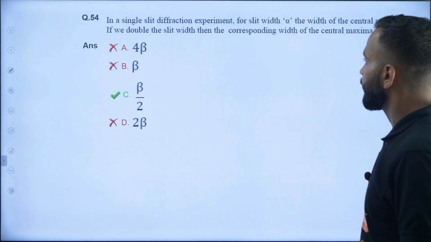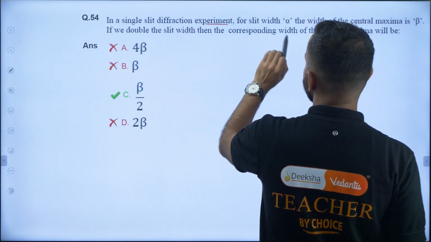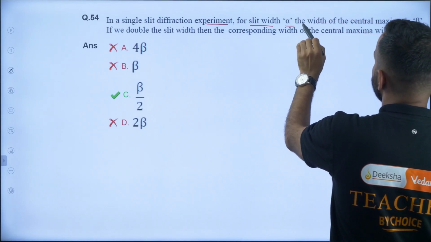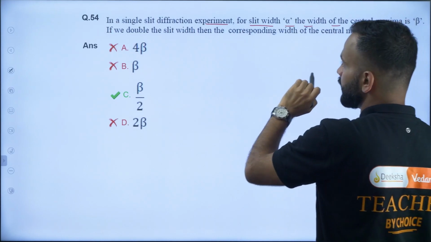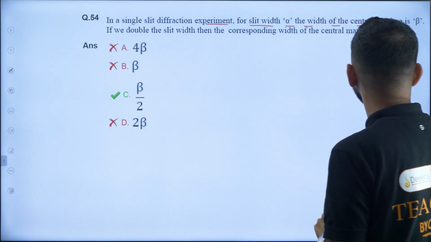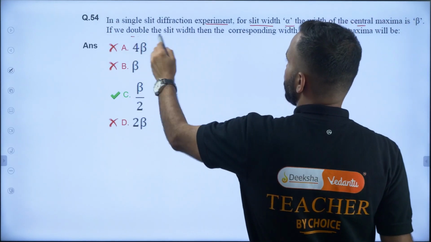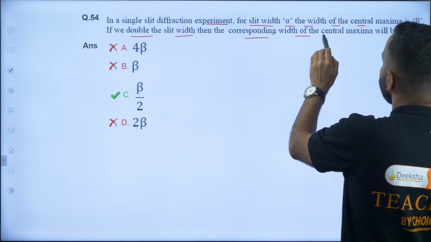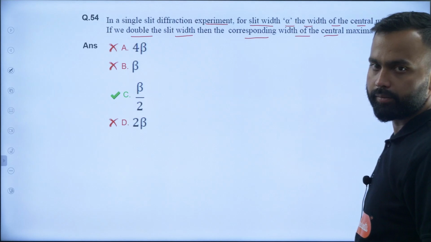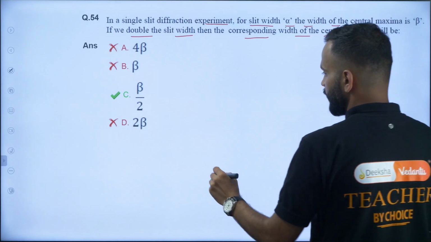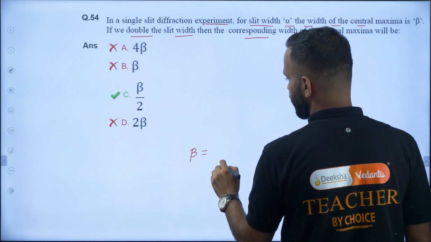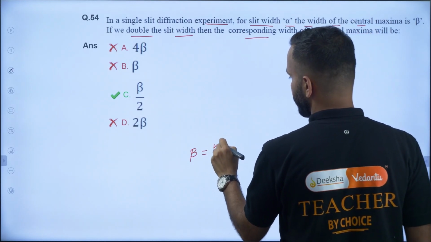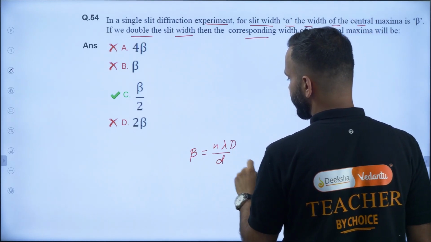Question number 54. In a single slit diffraction experiment for slit width a, the width of the central maxima is B. If we double the slit width, what is the corresponding width of the central maxima? The simple one. Beta, the width of the central maxima, is equal to n lambda D divided by d.